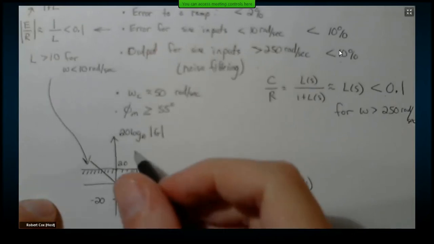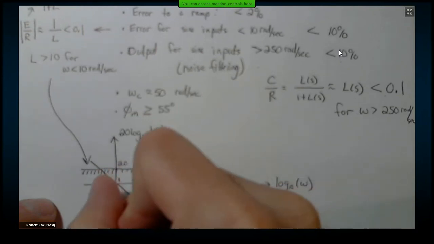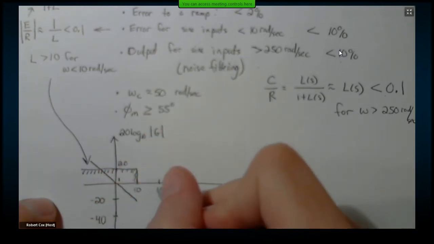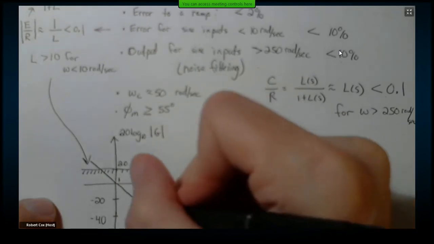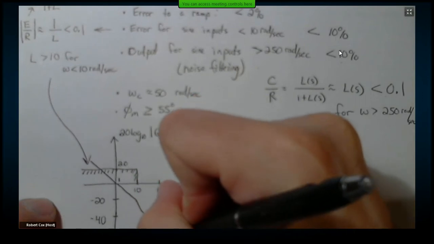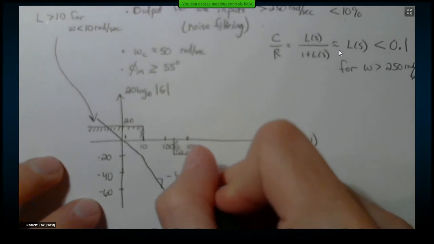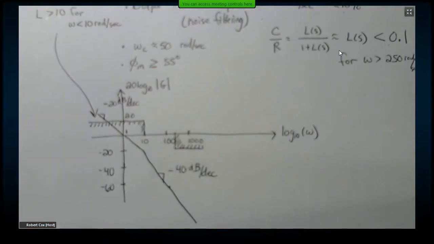Then I'd hit a second pole, and then I'd fall pretty rapidly after that. Minus 40, minus 60. So I would drop to minus 60 here by 100. Okay, so down here I'm at minus 40 dB per decade. Here I'm at minus 20 dB per decade. Okay, so dropping pretty rapidly.